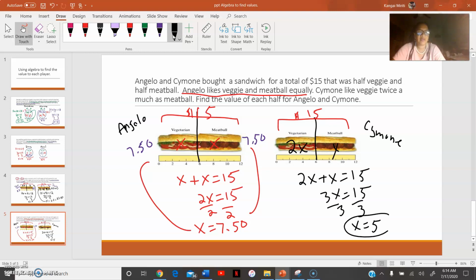So when we've found x, which side have we found? We found the x side, which is meatball. So we now know that the meatball side for Simone is worth $5. And the veggie side is 2 times 5 because it's twice as much, which is then $10.